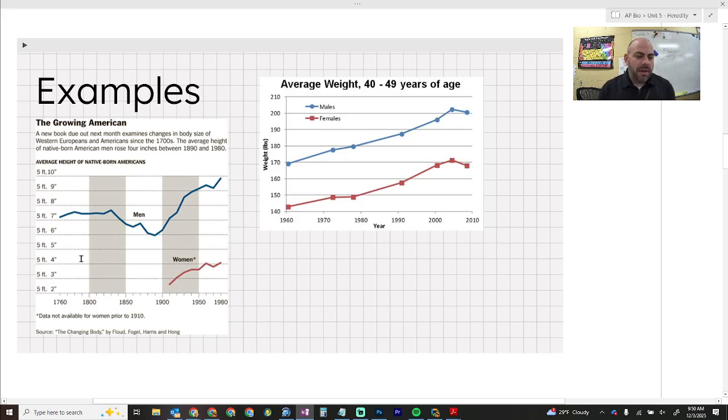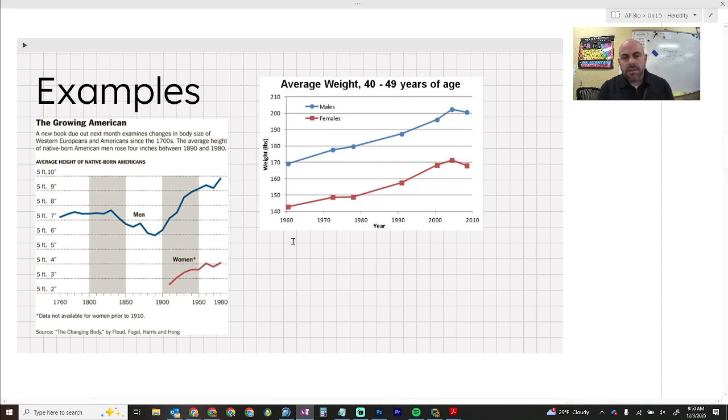So what's happening here? Well, you have a dip. I don't know why that dip exists. That's interesting. But notice what happens to average height. It's going up. What's happening to average weight? It's also going up, right? And what is changing about human environment in the last 100 years? Well, two things: grocery stores and hospitals, right?